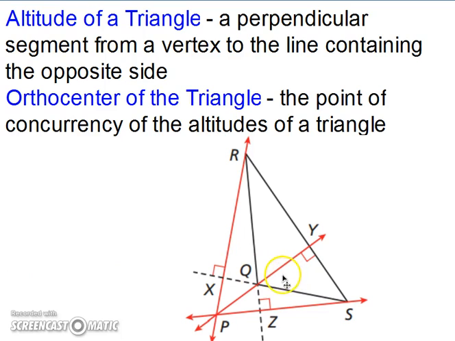The diagram below shows finding the altitude and then where the orthocenter is. So you want to find from each vertex, you want to meet the opposite side perpendicularly. Well, if it's an obtuse triangle, it's going to appear outside of the triangle. And where those 3 meet, that would be your orthocenter.